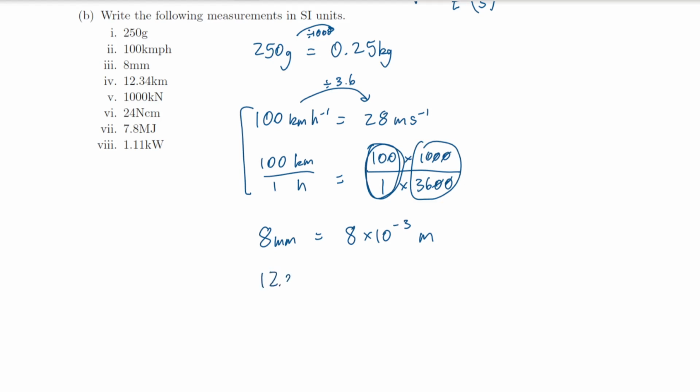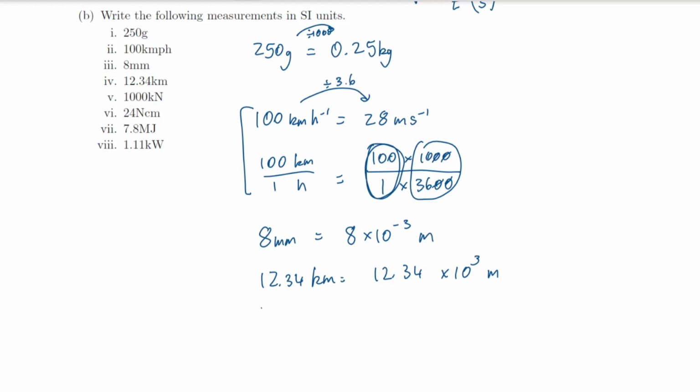Kilometers. 12.34 kilometers is 12.34. Now kilo is times 10 to the power of +3. So timesing by 1,000 meters. Again, you can leave it in this form, or you could write out the full number.